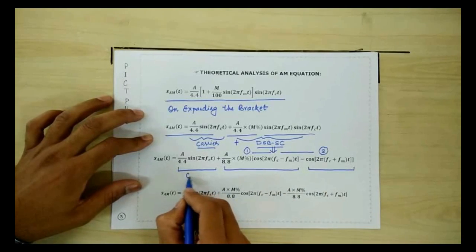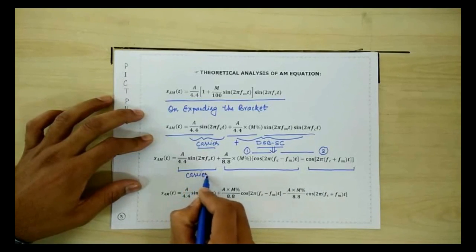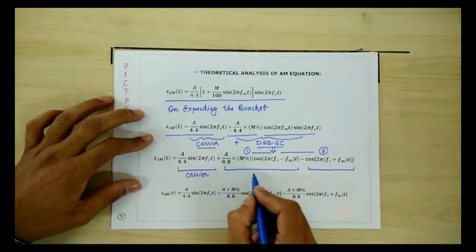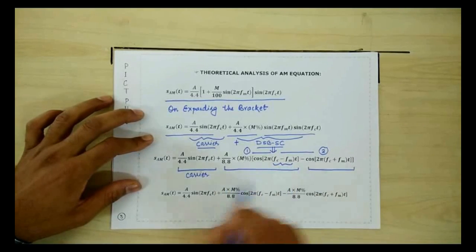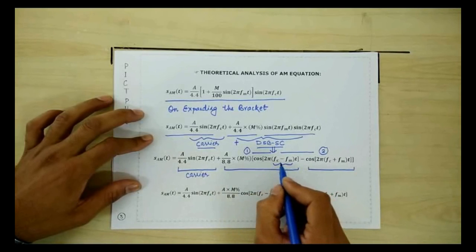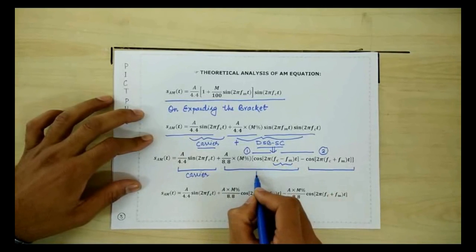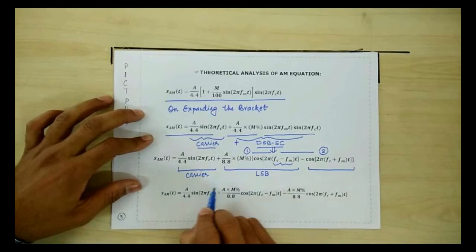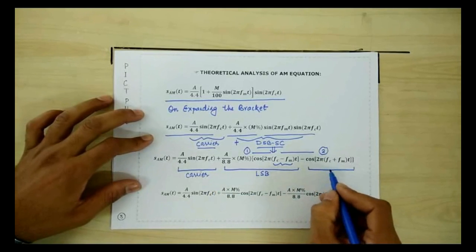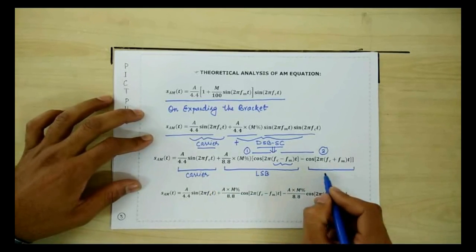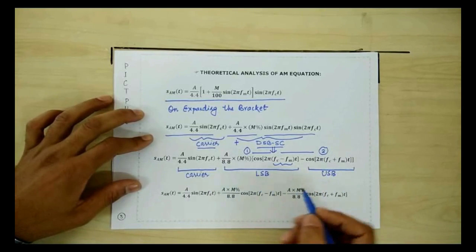The first term is carrier itself, and the second term, if you see, is the term which is present at frequency Fc minus Fm, so we can call it LSB, and the third term which is at Fc plus Fm, we are going to call it USB, where LSB is the lower sideband and USB is the upper sideband.